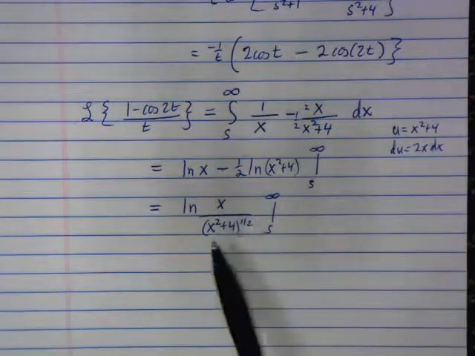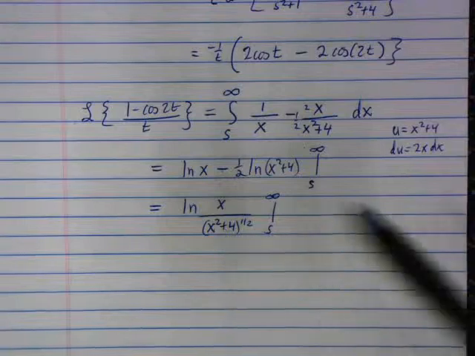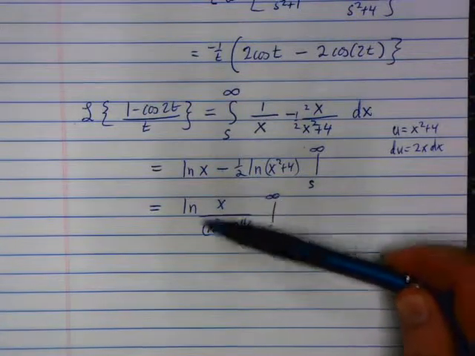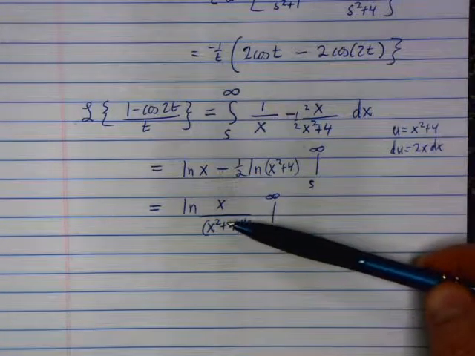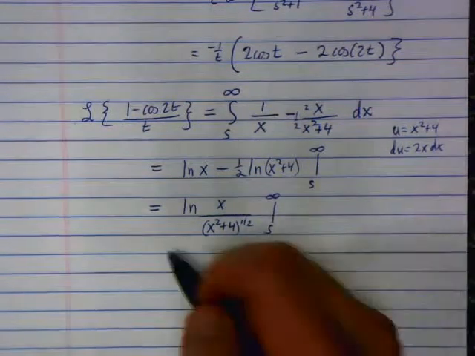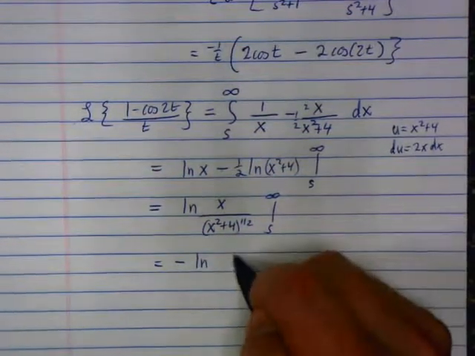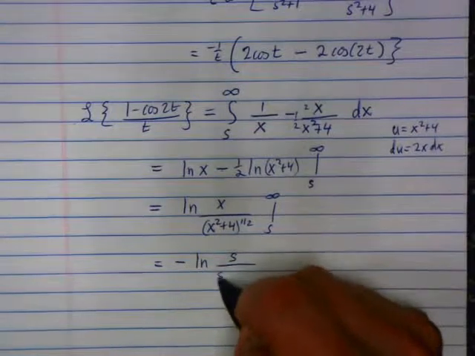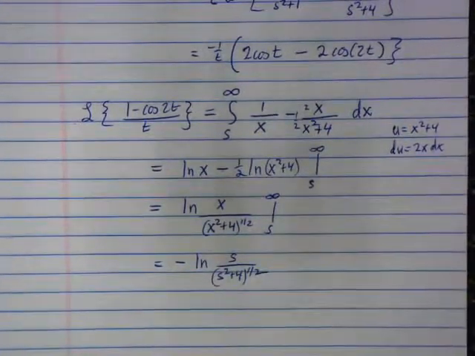So in essence, the top and the bottom have exactly the same power. So when x goes to infinity, this all goes to 1, and the ln of 1 happens to be 0. Minus, I got to plug the s in, so I get minus ln of s over s squared plus 4 to the 1/2. That's crazy.